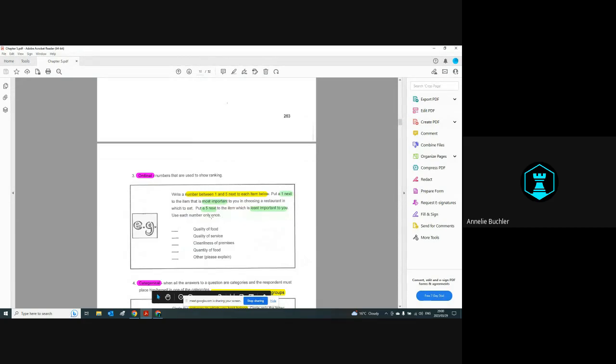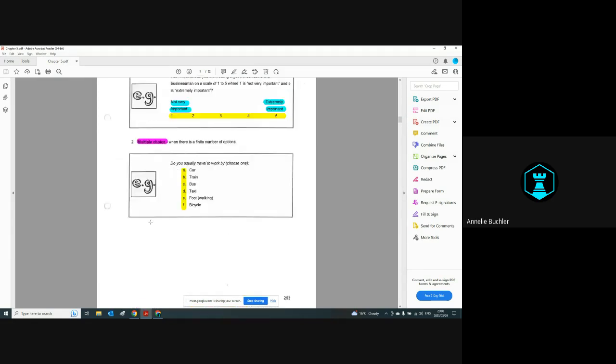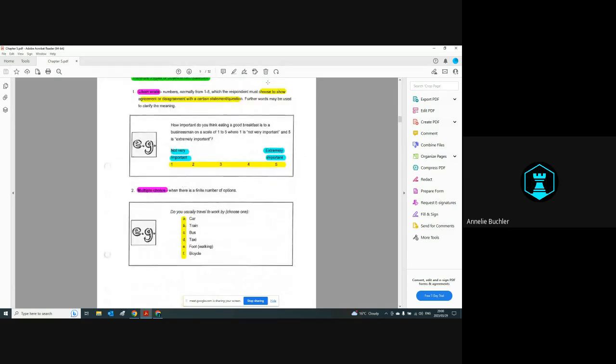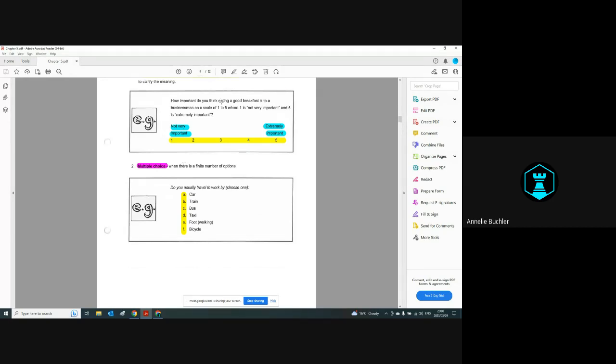The difference between ordinal and, what was it? Likert scale is more often used to show agreement or disagreement with a certain statement or question.